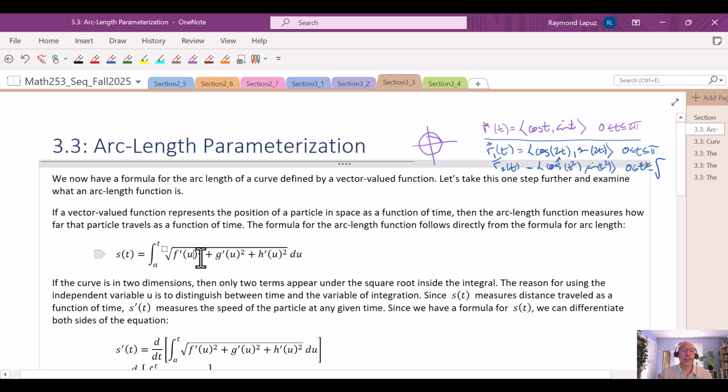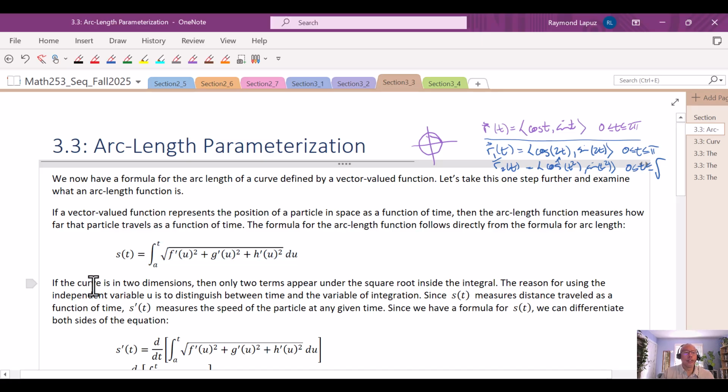We're going to change the dummy variable inside here and call it u. And so the actual parameter that we're looking at is t for this particular function. Again, I think we've seen that before, by making this top limit a variable of a new function, a new integral function. Then we have that.